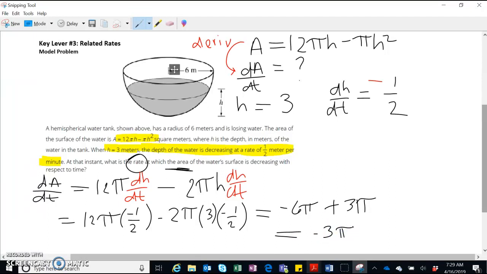This is a value for dA dt. Remember, that's what I was finding. So my units are going to be area per time. Area in this case is square meters, and my time is minutes.